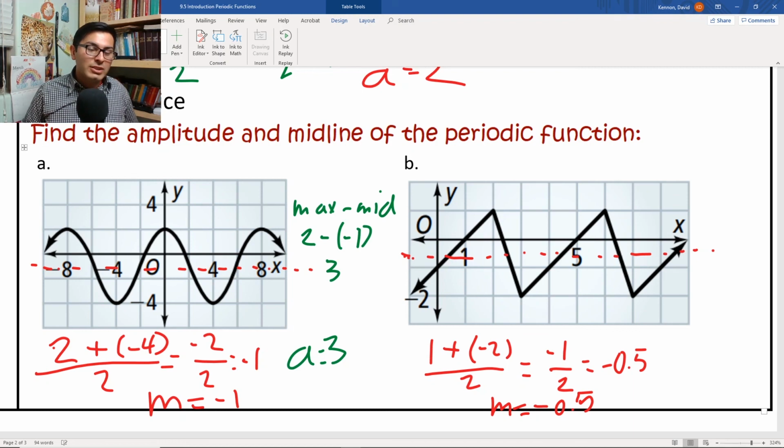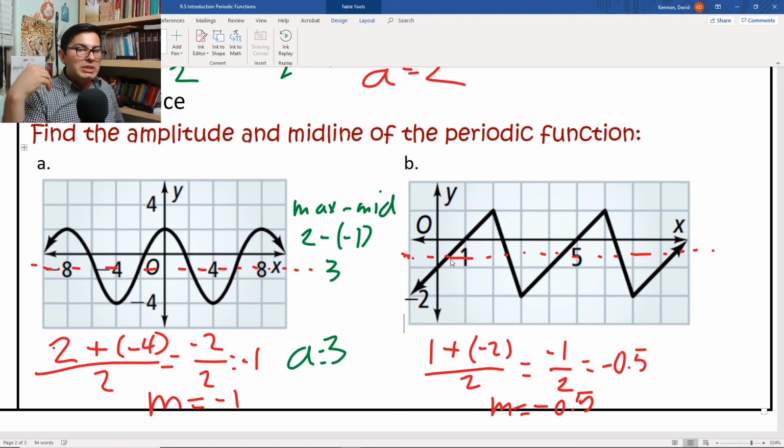Again, I am not artistically gifted at drawing lines, but that's all right, we get the idea. Now we could count, and you would be able to accurately count that this is going to be 1/2 and then 1, or 1.5 is going to be our amplitude.